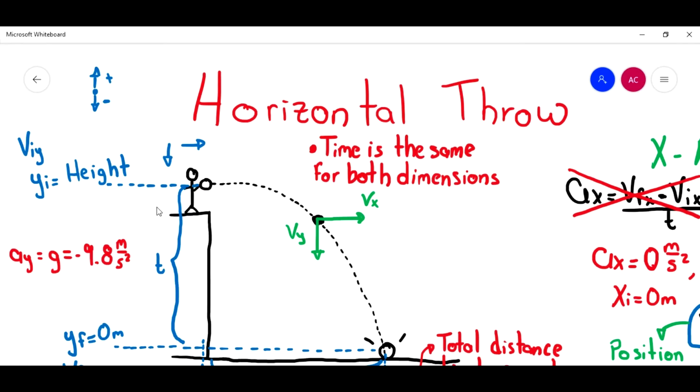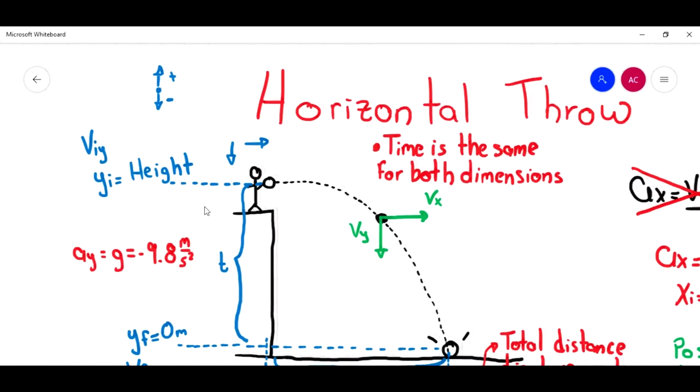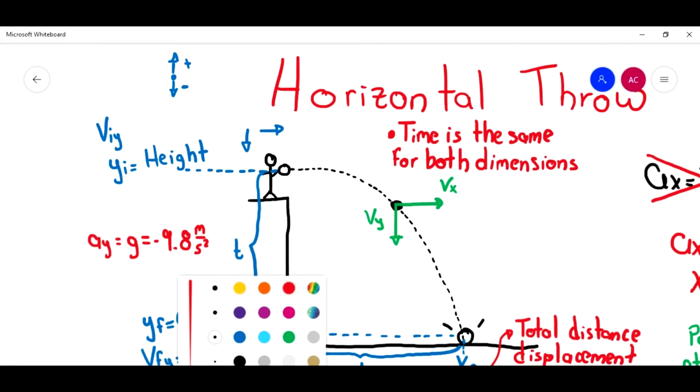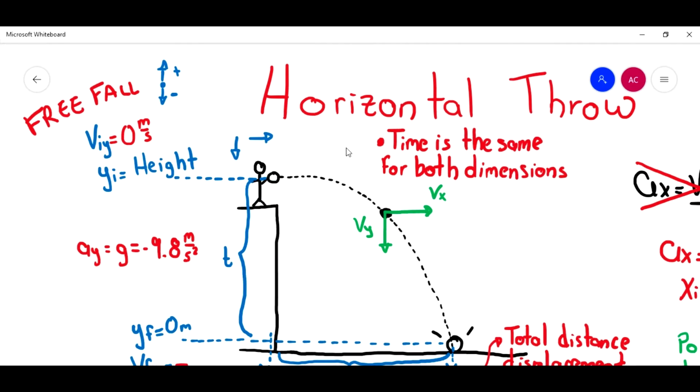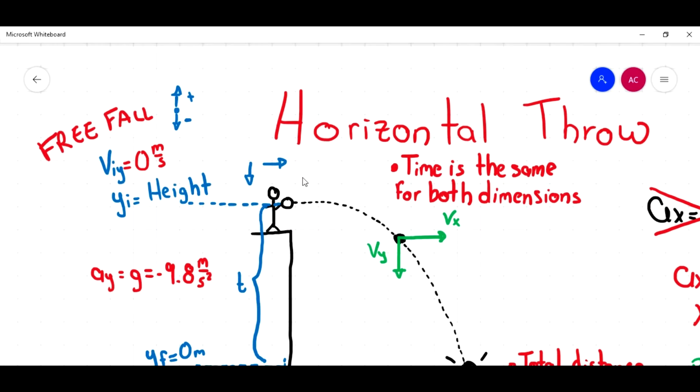I'm going to treat the y-axis as free fall. If that's the case, the initial velocity in y will be 0 meters per second, because this person is throwing the object horizontally, not vertically. So let's say the angle is 0 degrees. I hope you remember the Cartesian plane.